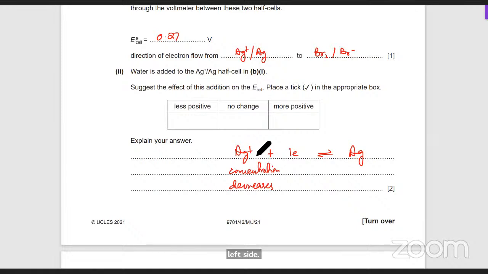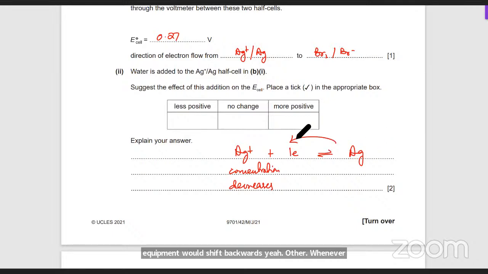So if you are adding water to it, where will the equilibrium shift? The equilibrium would shift backwards. According to Le Chatelier's principle, if the equilibrium of an electrode shifts backwards, it produces more electrons. Your potential of that particular electrode would decrease. So your E decreases.